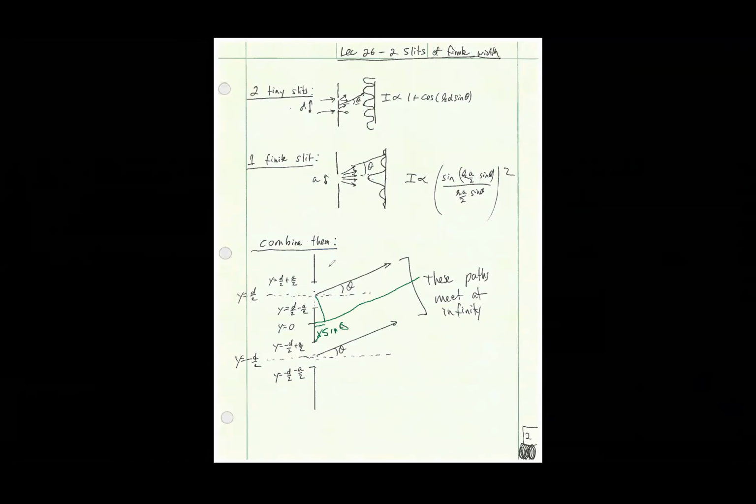All right, so we're basically just adding up a whole bunch of paths that differ by y sine theta, except that we're only adding some paths. There's no path from here to the detector.